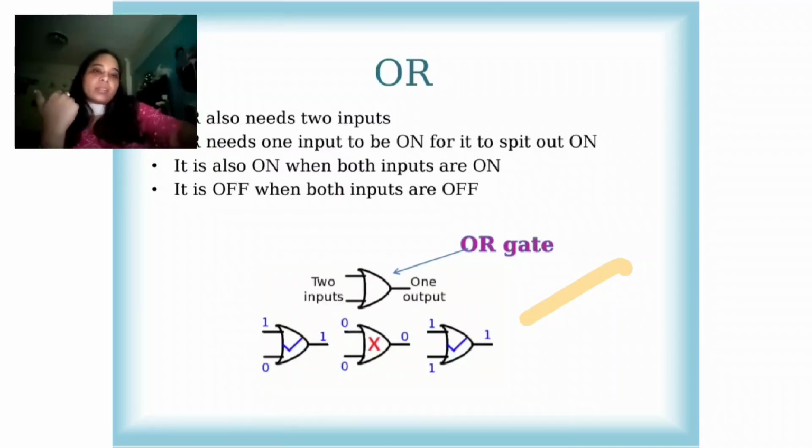Next, if any one of the inputs is true, that condition is also applicable on the OR gate, but in the AND gate you can't do that. AND gate means both should be the same, but in the OR gate any one input can be true. If any one input is in on position, you will get the output in on position.